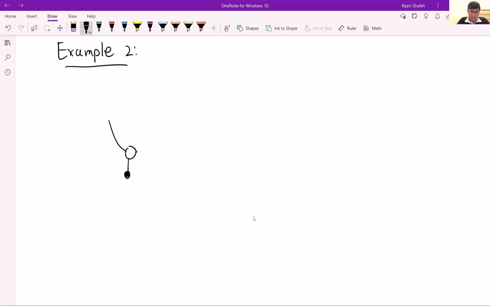Okay, so let's look at a different example. Suppose we have, let's say, something more concrete. So suppose this is the diagram that we want to now simplify.